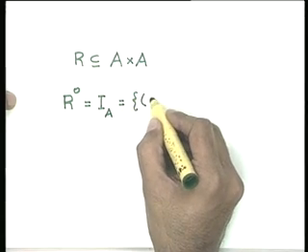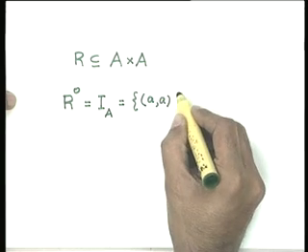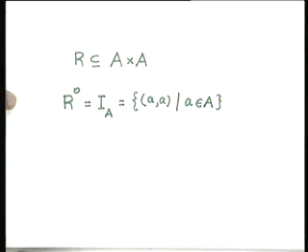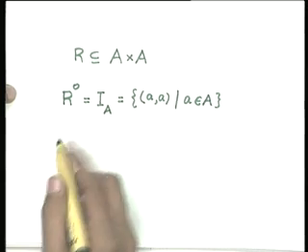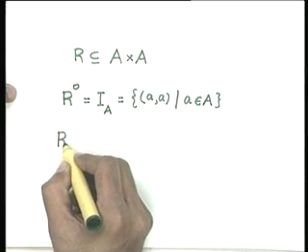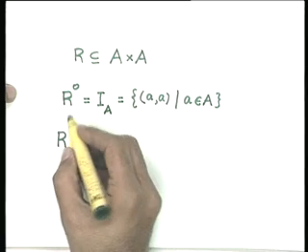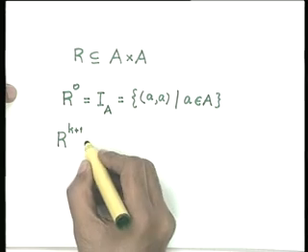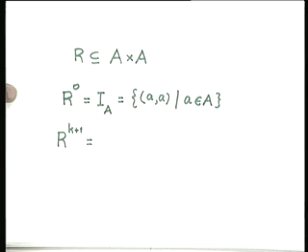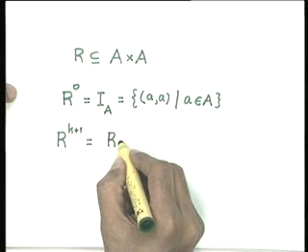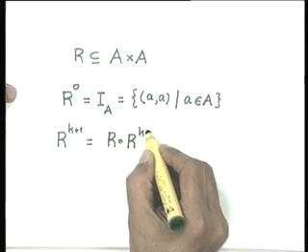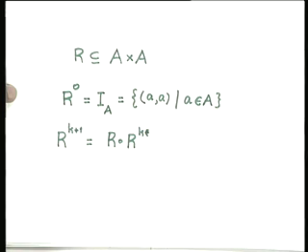It is just the set of all ordered pairs a, a such that a belongs to A. And given R naught, I can define R k plus 1 as being equal to R composed with R k. And what is this? This is just relational composition.